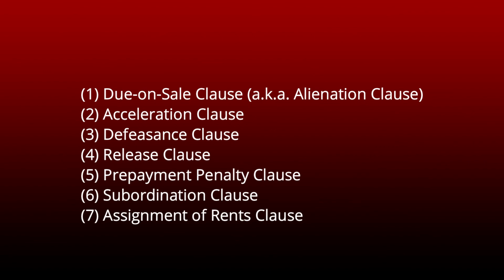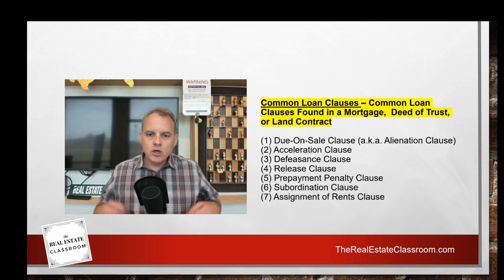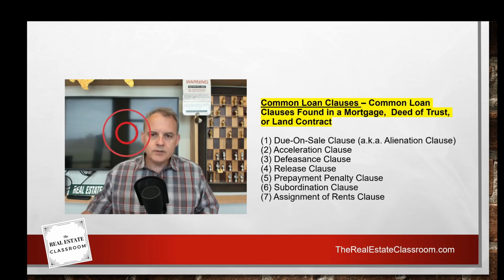We have the acceleration clause, the defeasance clause, the release clause, the prepayment penalty clause, a subordination clause, and then finally what's called an assignment of rents clause. All 7 of these clauses are very important for you to know for your real estate licensing exam, and so we're going to touch on each one of these.